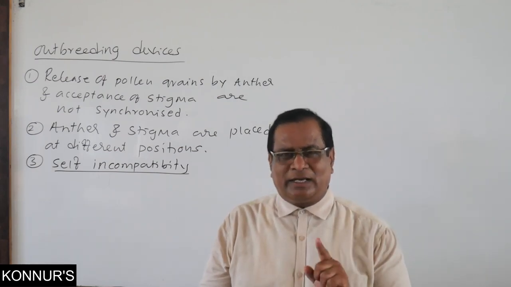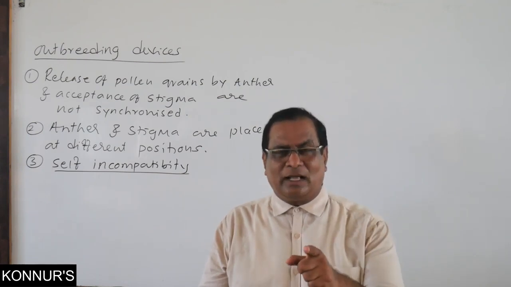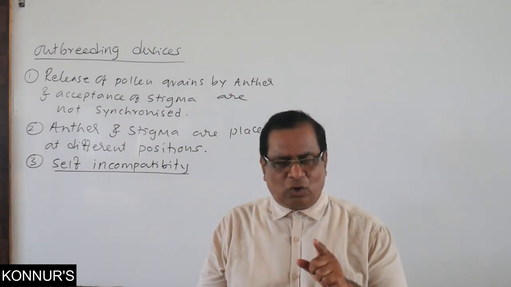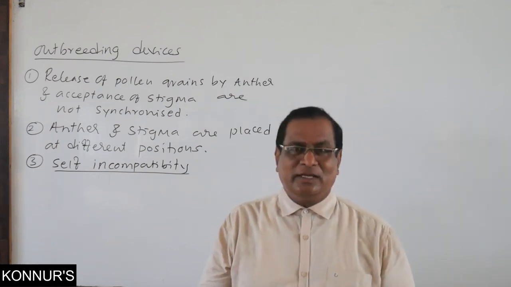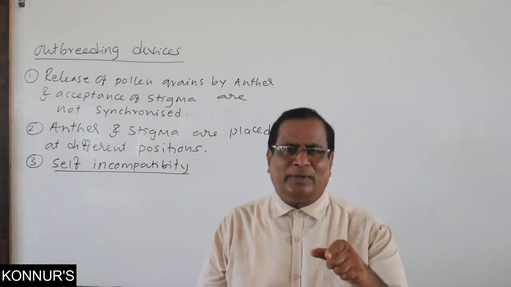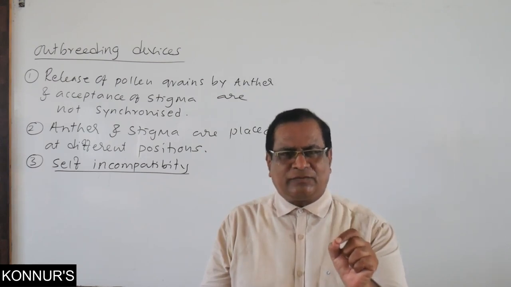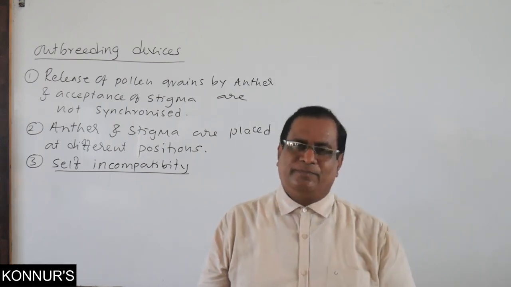Those pollen grains are rejected by the stigma because they are from a different species. That is incompatibility. And the second one is self-incompatibility. It means the pollen grains from the same flower fall on the stigma.